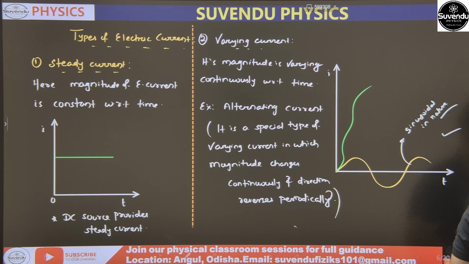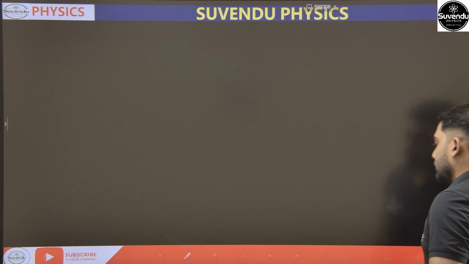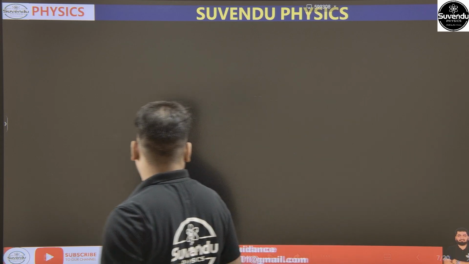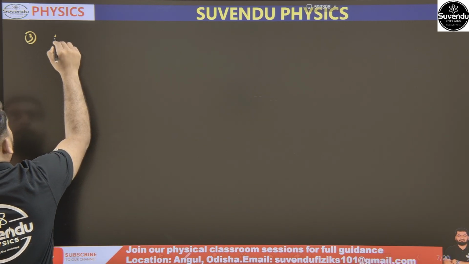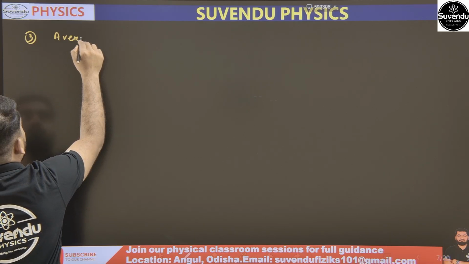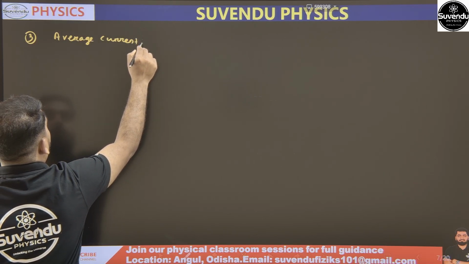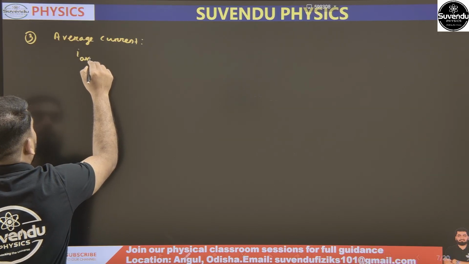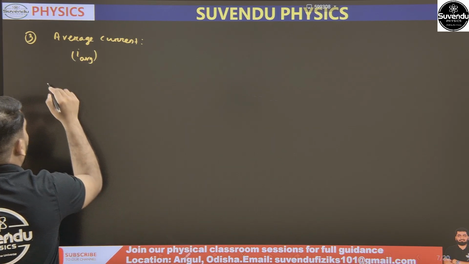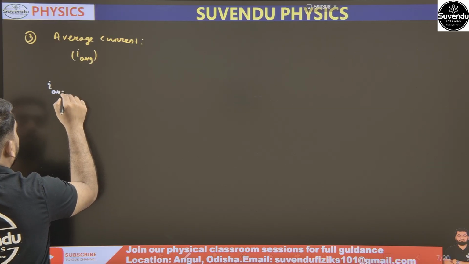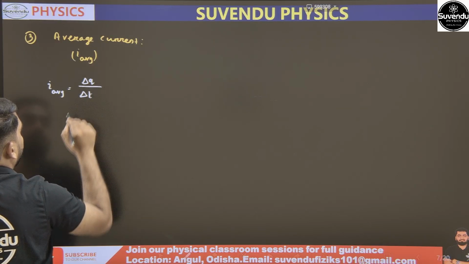Very good. Next, come to our third category, that is average current. Already we have discussed it is denoted by I average. Remember one thing, in case of average current, I average is equal to total charge flowing in time interval delta t.